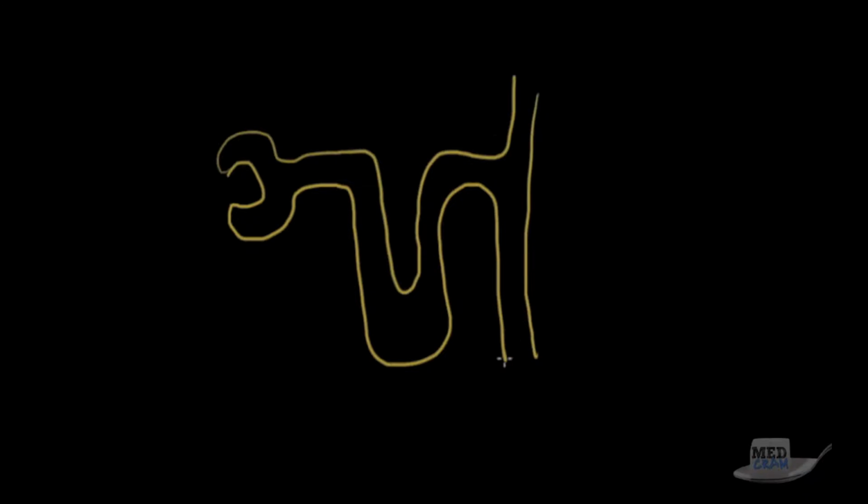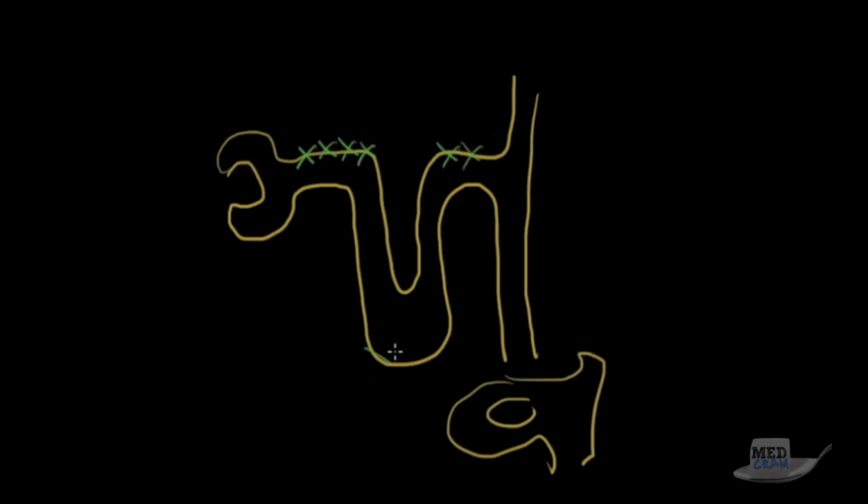Okay, let's look at the flip side of that. Again, here's our glomerulus, proximal convoluted tubule, loop of Henle, and collecting tubule going out to the toilet down below. In this situation, we've got a renal problem. The renal problem is that these cells are not reabsorbing. In fact, none of them are reabsorbing. There's a problem all over.